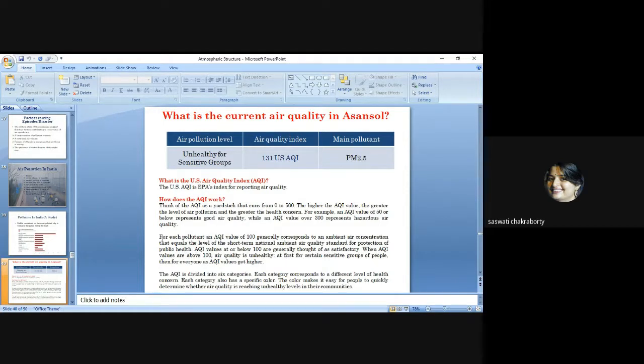See, air quality index is 131 and the main pollutant is PM2.5. Now, what is air quality index? Consider this air quality index to be a huge scale, a normal ruler, in which there is gradation from 0 to 500.